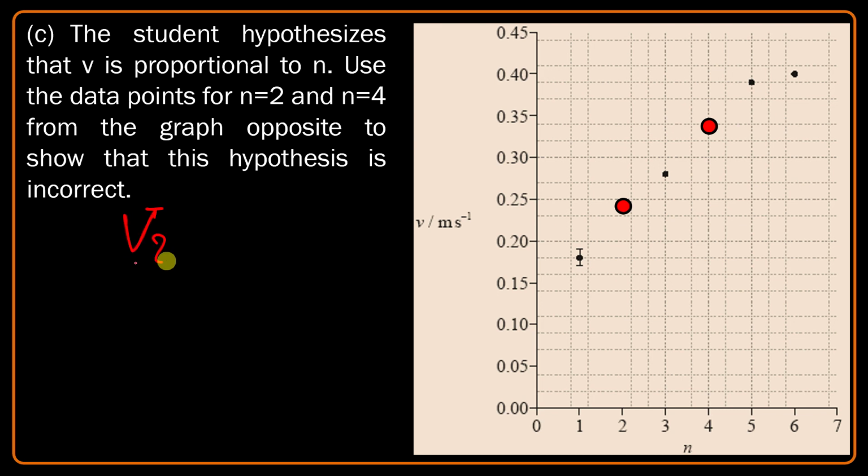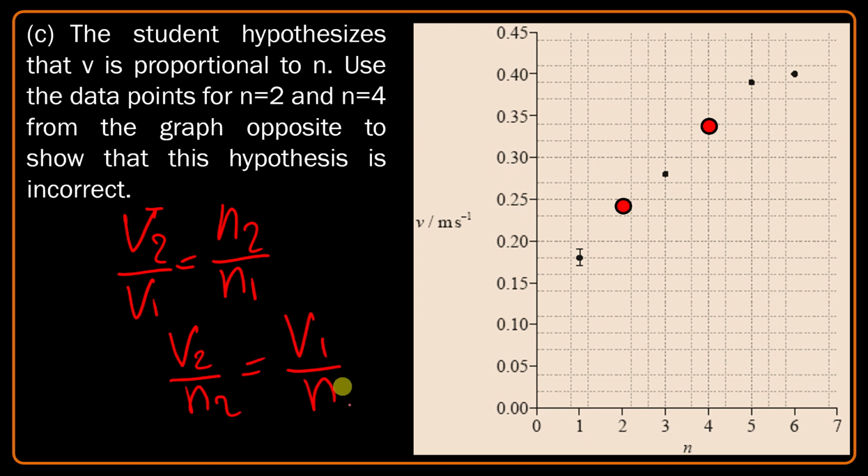I told you V2 over V1 is going to be N2 over N1. In other words, I can write V2 over N2 is V1 over N1. N2 is 4, N1 is 2.